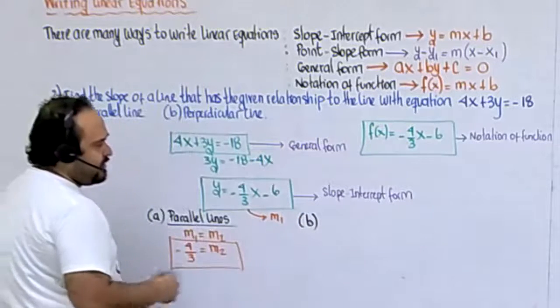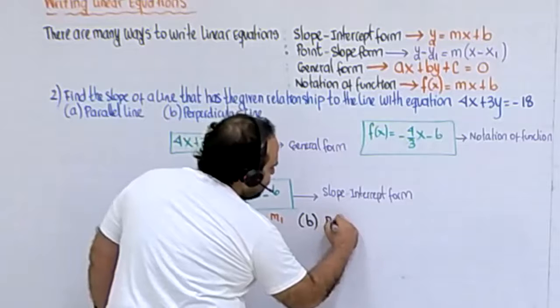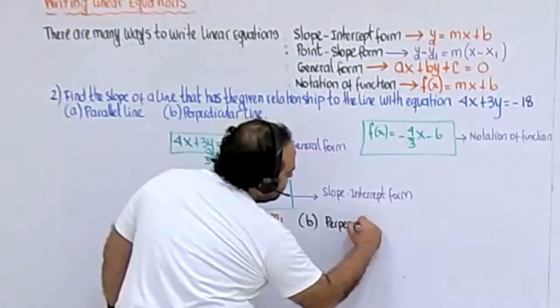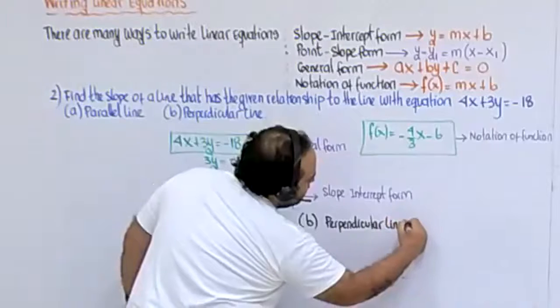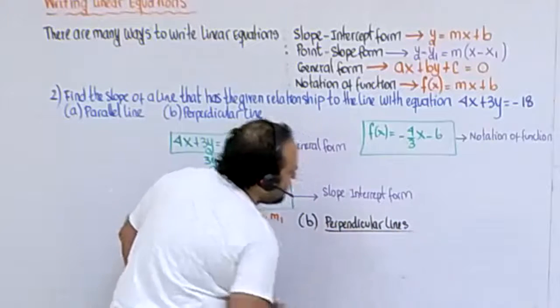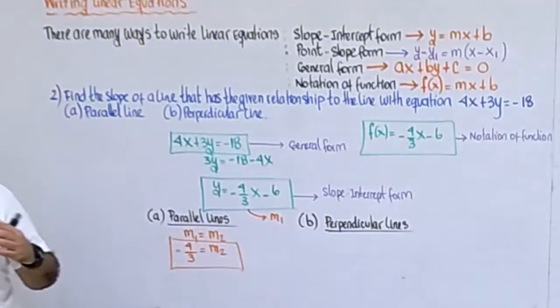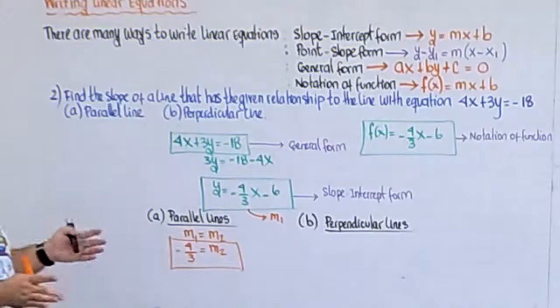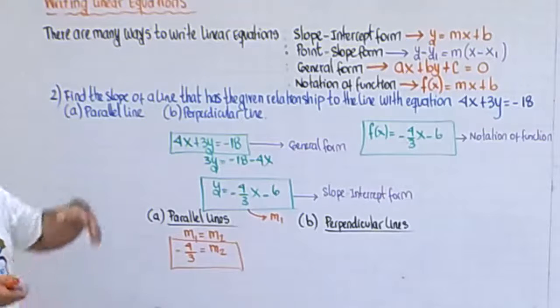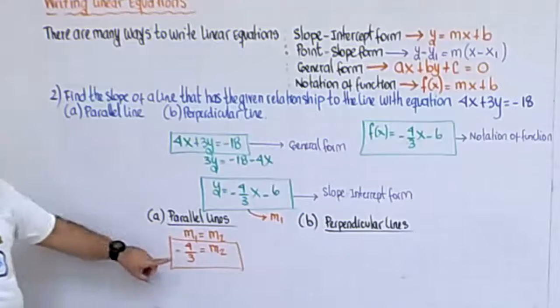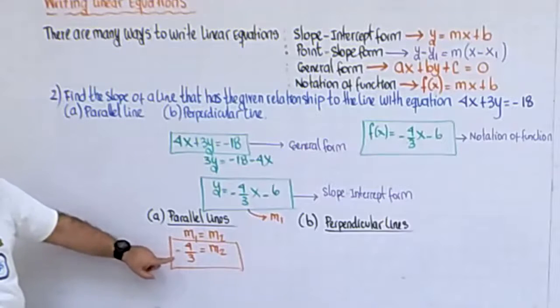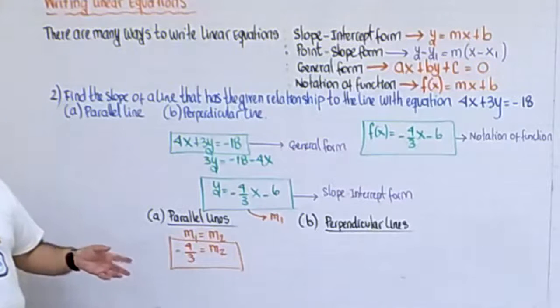In this situation, we're talking about perpendicular lines. Remember what I explained to you yesterday: when we apply perpendicular lines, the slope will be the opposite value of the slope in the parallel line. For example, what is the opposite of negative 4/3?